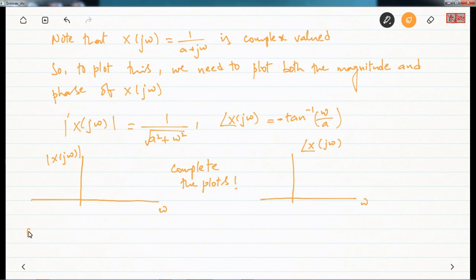So another example, x of t is e power minus a modulus of t. And here also we are giving the condition that a is greater than 0, to know whether it is a decaying or growing exponential.